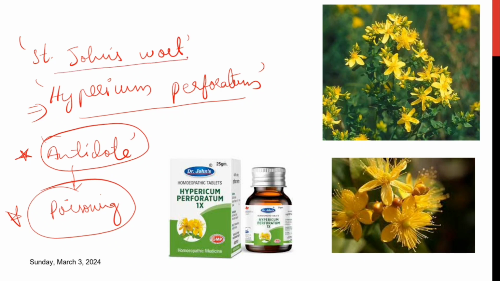But today, currently in the market, St. John's wort is used in homeopathy. In homeopathy, St. John's wort has different formulations. It is available in tablet form, as cream and ointment, and also as St. John's wort tincture, and it is available as powder.